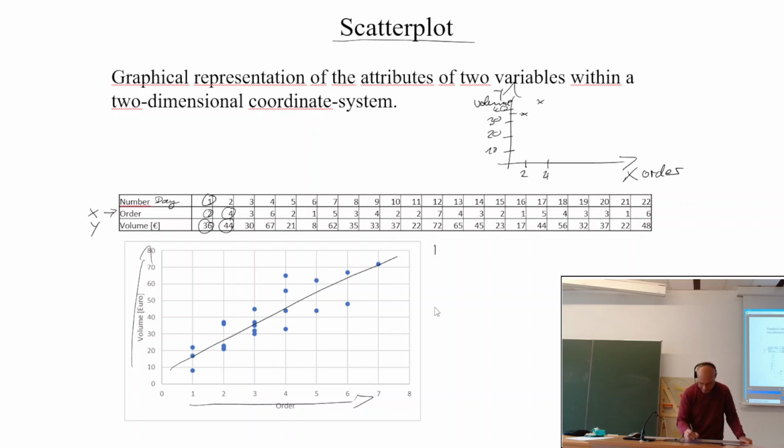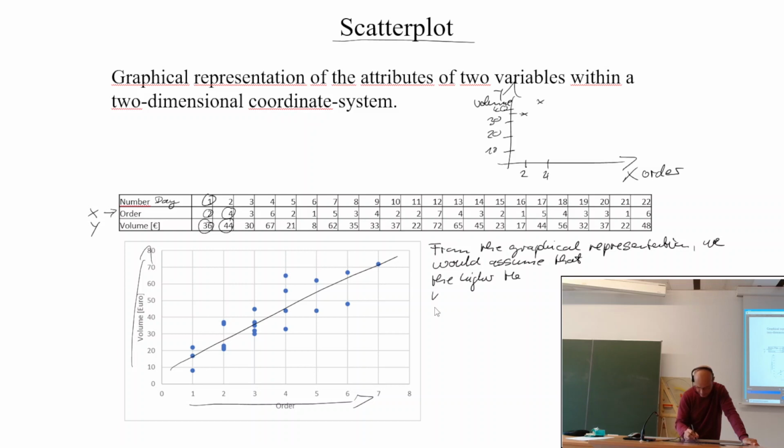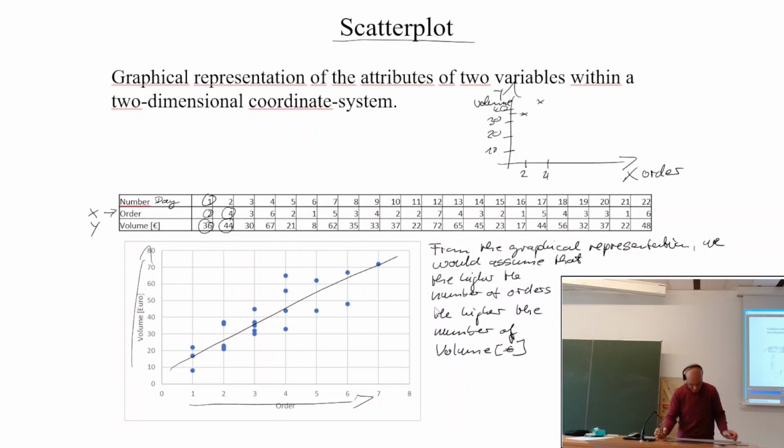So from the graphical representation, we would assume that the higher the number of orders, the higher the volume in euros.